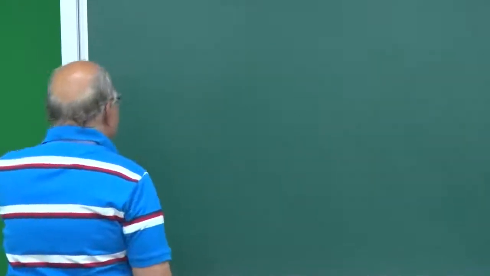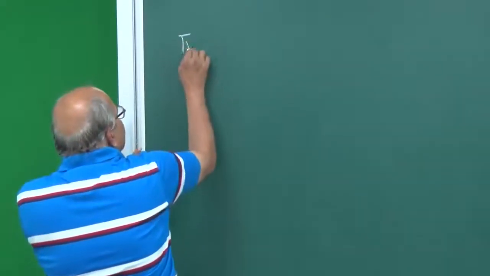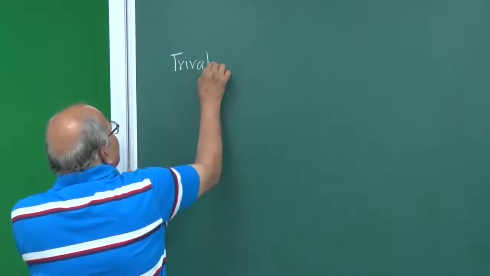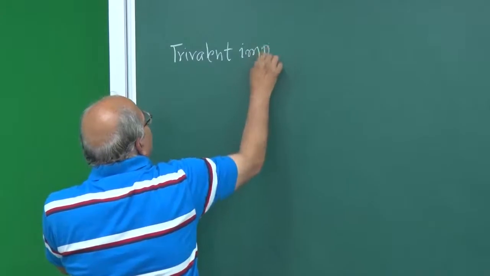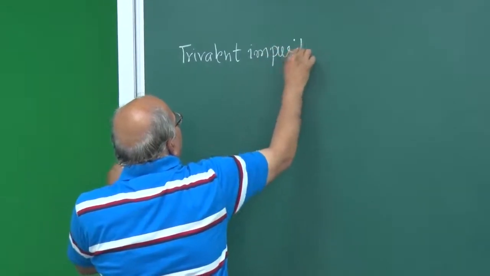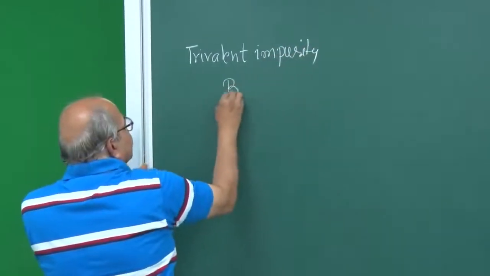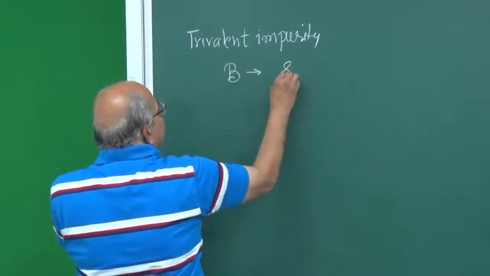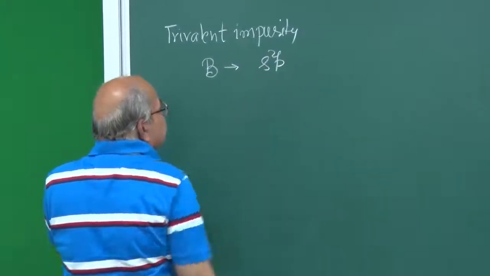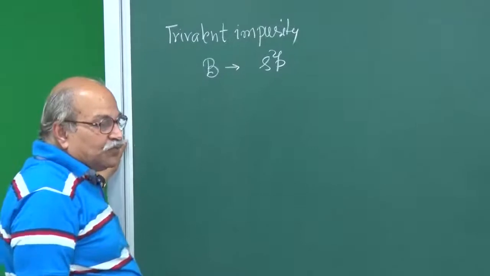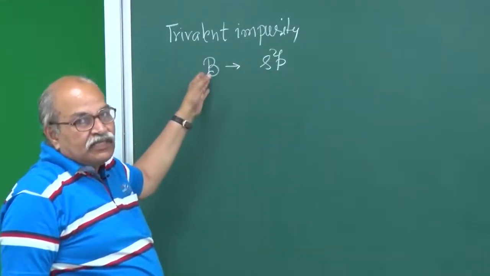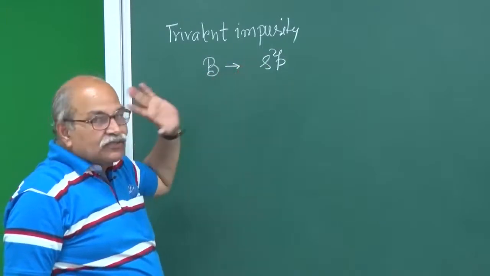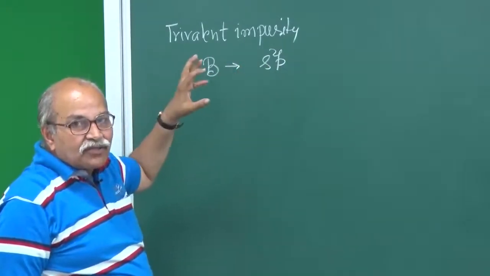So if you have that trivalent impurity, let us say boron, the outer shell will have s2p instead of s2p2. In silicon it is s2p2, in boron or aluminium it will be s2p. So there are only 3 outer electrons.